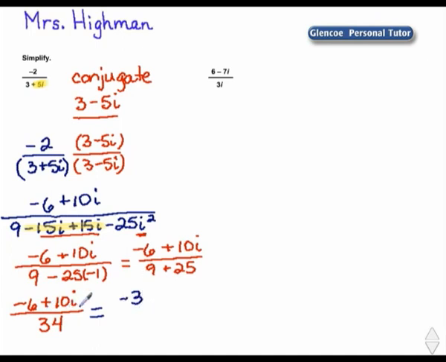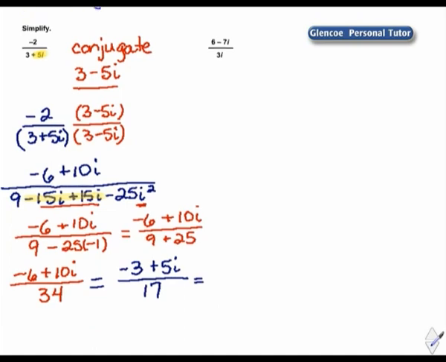And 10 divided by 2 is going to give us 5i. And the denominator also being divided by 2 is 17. And that can be separated to -3 over 17 plus 5i over 17.